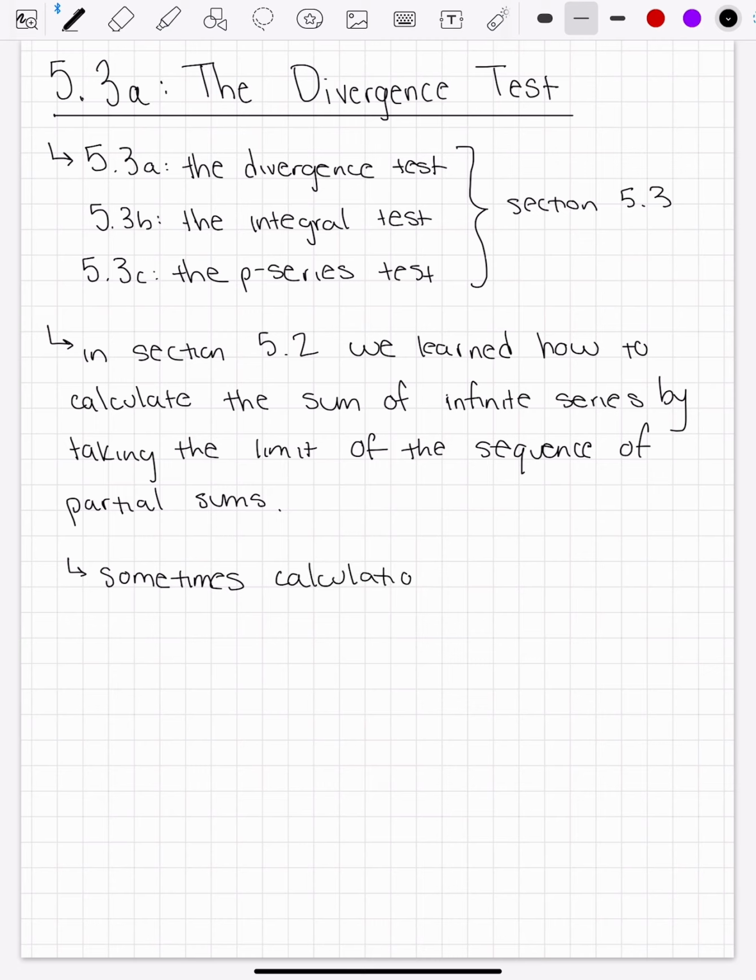So in this section, section 5.3, we'll go over 3 techniques, which is the divergence test, the integral test, and the p-series test.